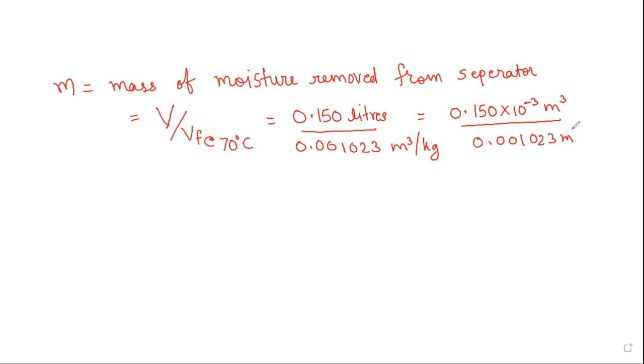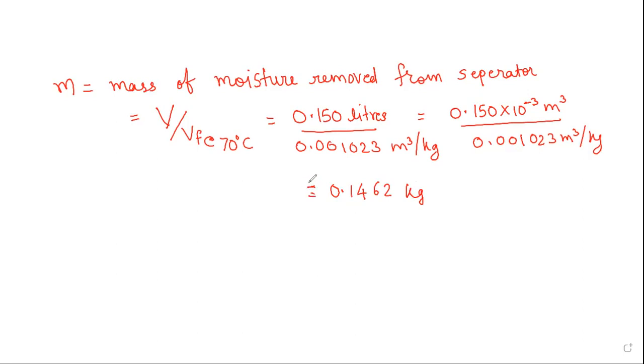So now if you look at the units, you'll see that meter cube gets cancelled and you are left with the kgs. So that kg, if you solve it and convince yourselves, that value is 0.1462 kgs. Okay, so this is how you calculate the mass m.